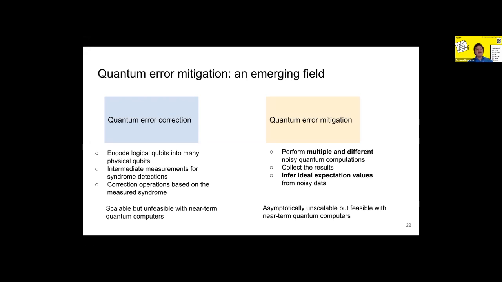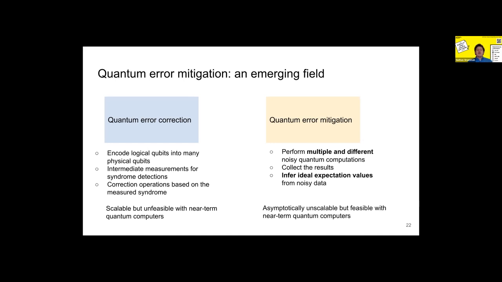Well, there is another approach which now is taking the collective name of quantum error mitigation, which is actually a collection of different techniques coming from different fields, including quantum error correction, which perform multiple noisy quantum computations to do a sort of sampling, collect the results, and then infer the ideal expectation values from noisy data.